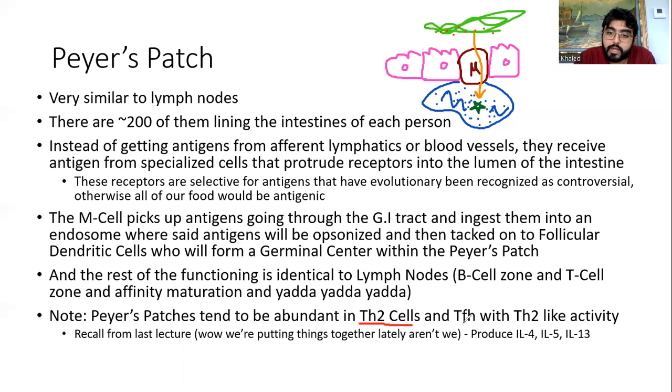in this Peyer's patch tend to be Th2 lineage, or the follicular helper T cell will have Th2-like activity. And what do we mean by that? Remember, the big function of a CD4 helper T cell is that it will produce a cytokine environment that will direct white blood cell activity, B cell activity, or B cell development for the isotype switching.